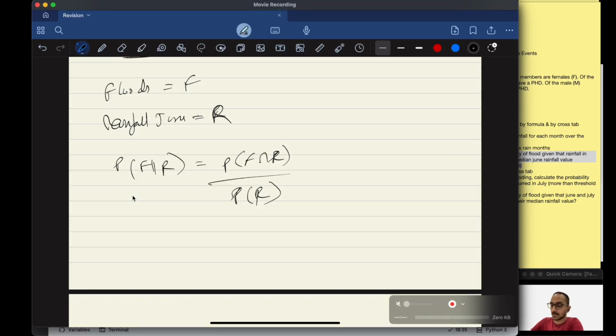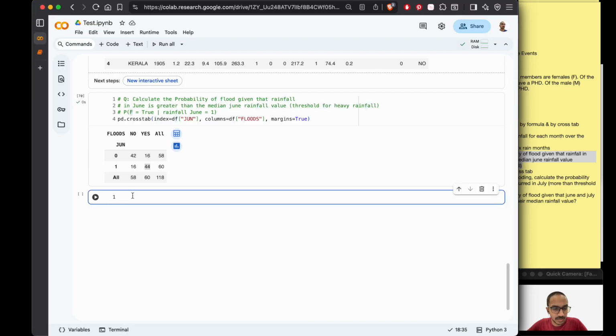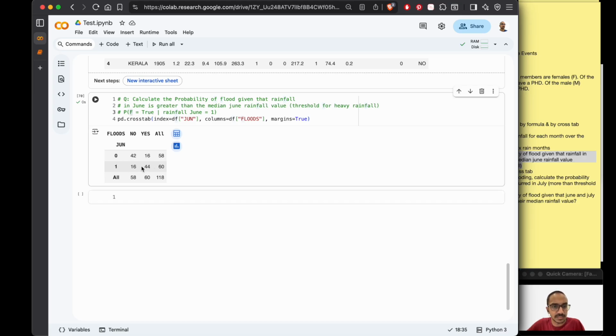F intersection R over P of R. So now how do we check P of F intersection R? If we look at the cross tab, F is floods. Floods is yes, and heavy rain true, so that is 44. So P of F intersection R is 44 over P of rain, so overall rain.